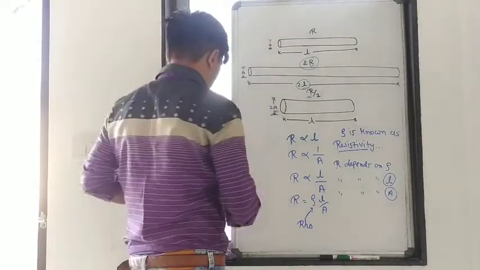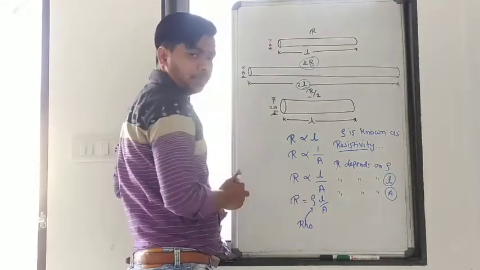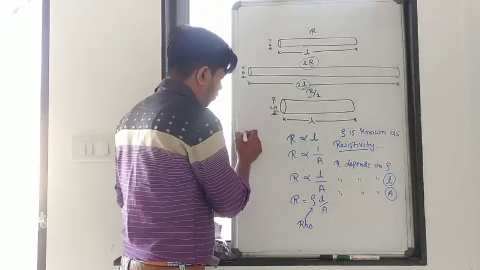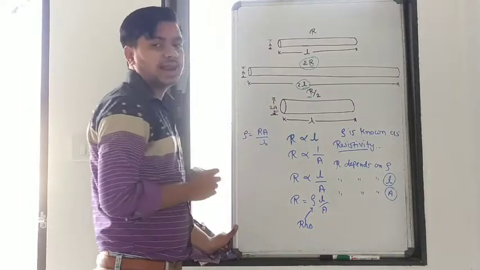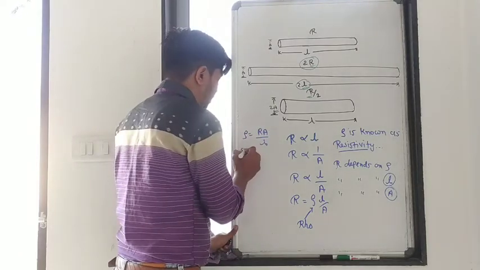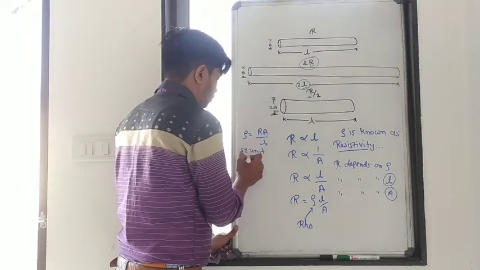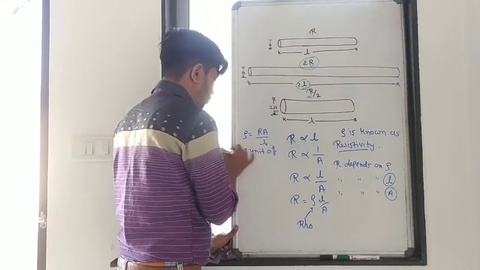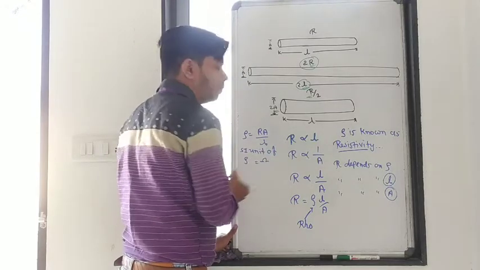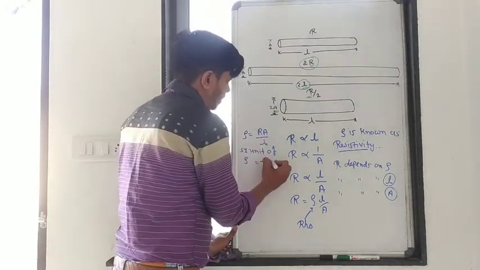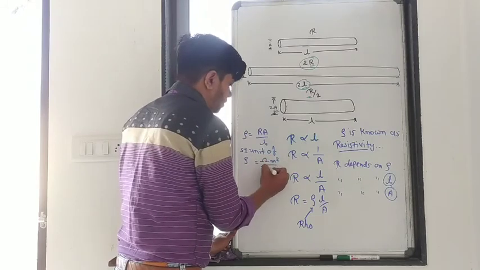So according to it, R is equal to rho L upon A. If I take rho, then rho is equal to RA upon L. With the help of it, you can easily find the SI unit of rho. Resistivity: the SI unit of R is ohm, A is meter square, and here L is meter.